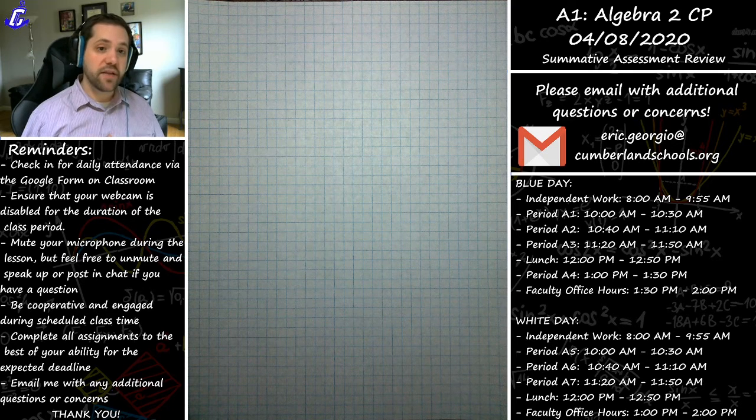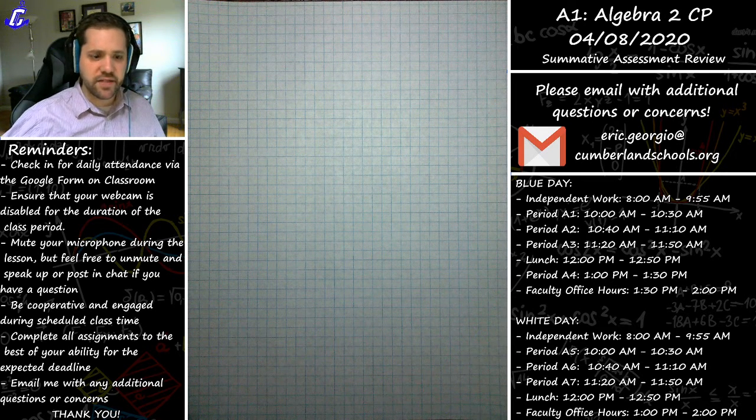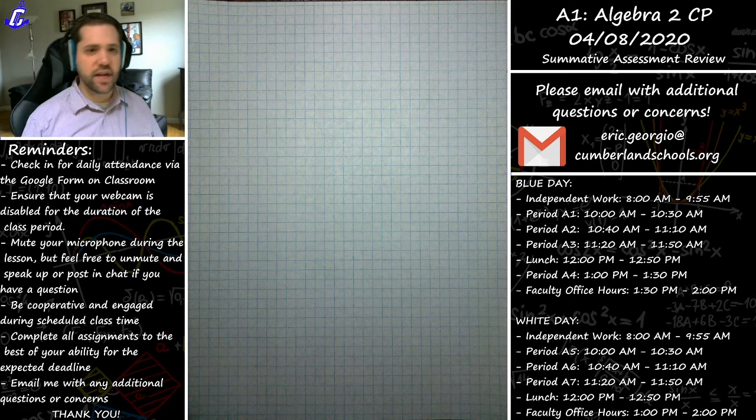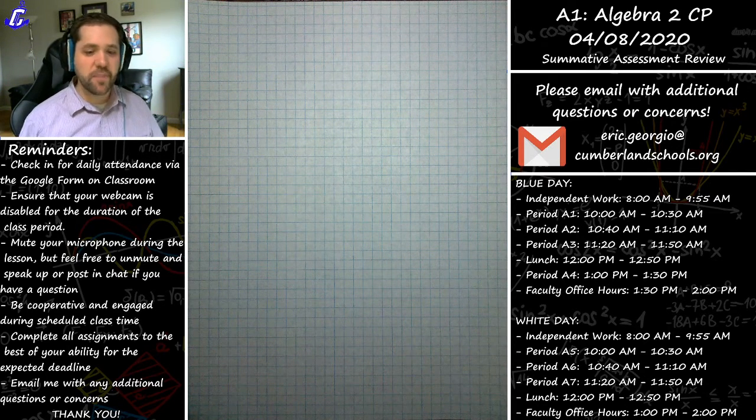The reason why we decided to exclude word problems is because with the distance learning disruptions, some people had to rush word problems, and I don't think it's fair, given the current circumstances, to ask word problems on a summative assessment, especially in the midst of distance learning and everybody acclimating to it and whatnot. I know from class to class, the transition was smooth for some people and not smooth for other people. So regardless, long story short, you do not have to worry about word problems on the summative, but there will be solving equations and there will be graphing.